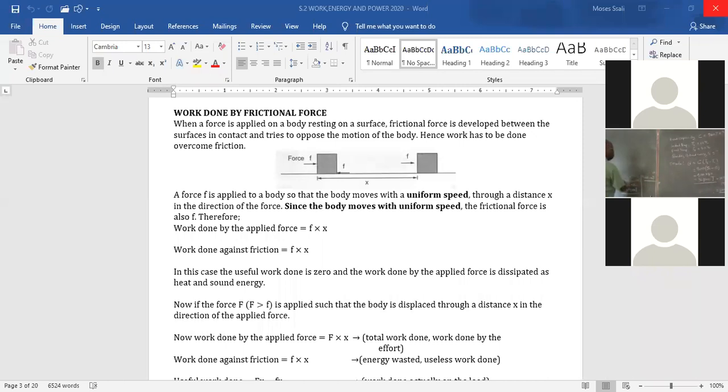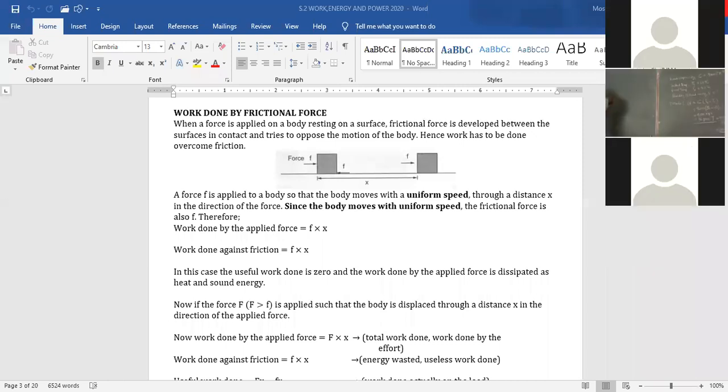And she has used the word relative motion. So under normal circumstances, friction only comes into play when one surface tries to move over the other. Otherwise, if a body is simply resting on a surface, there is no friction.